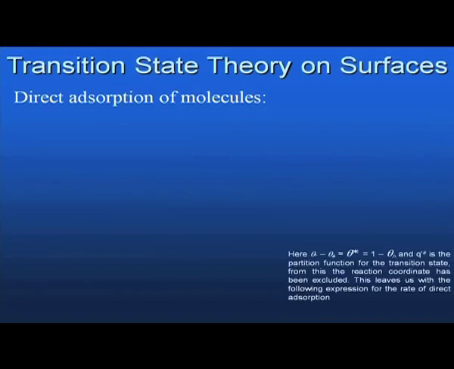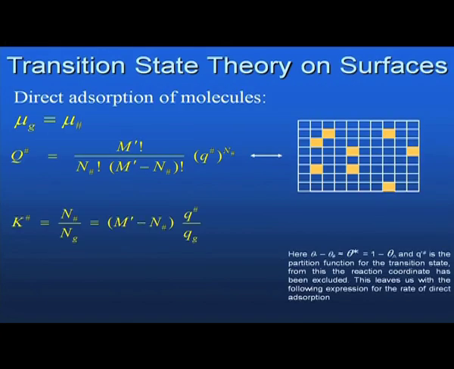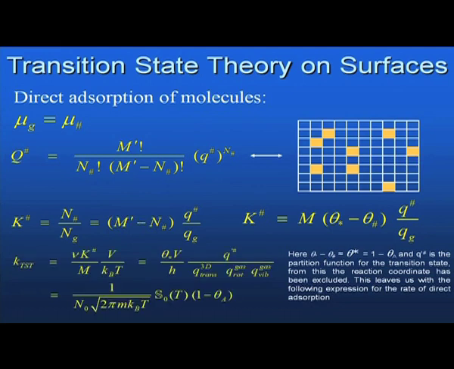Let us go to direct adsorption of molecules. As usual, some of the sites are occupied by molecules, and your overall partition function Q in the transition state is this. You put in a similar treatment as we did for direct adsorption of atoms.